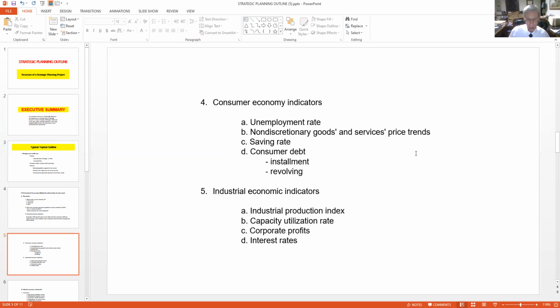And we have excellent sources of data for these variables here in the United States. The Federal Reserve is one of those. There's a website called FRED, all capitals, FRED, Federal Reserve Economic Database. From that database, you can get excellent time series trends of these and several other variables, as well as forecasts for 5 years.